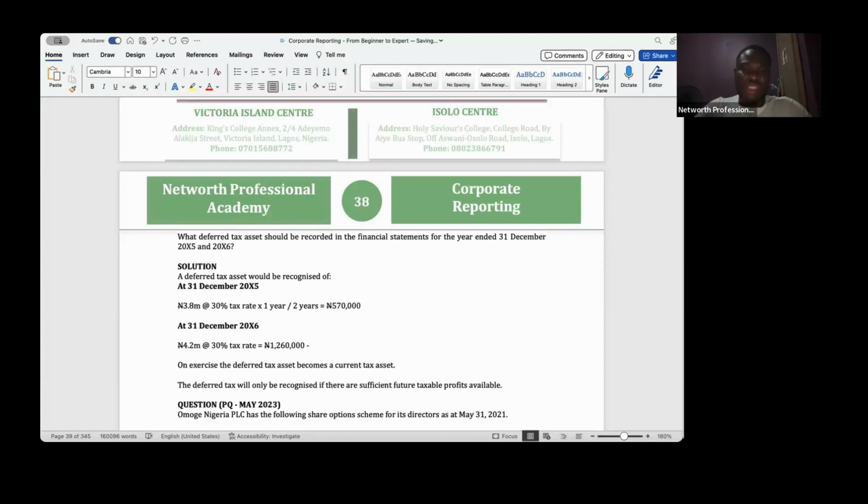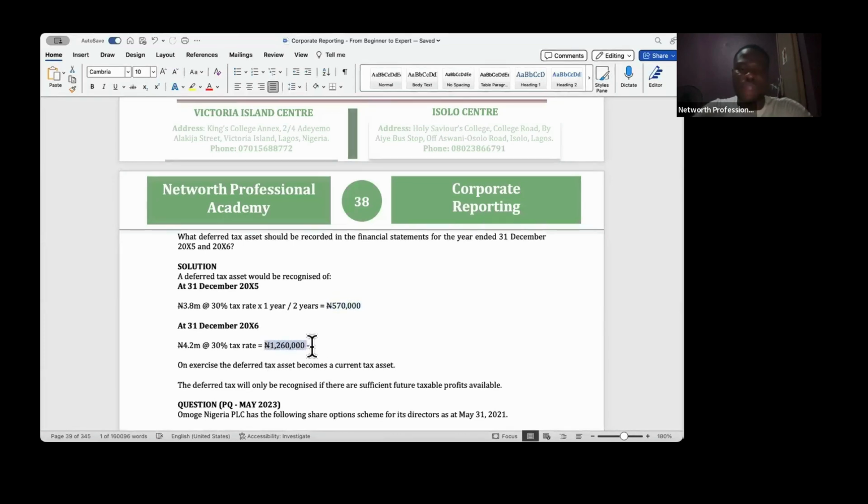So what we are putting in our P&L is going to be 690. So your P&L has an additional income under your income tax, an addition to your PBT, while the other leg will go to your deferred tax asset, because the balance in your deferred tax asset is 570. By the time you increase it by 690, it increases to this value that we have here.